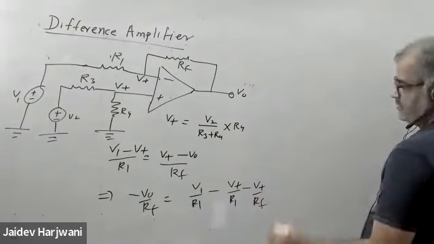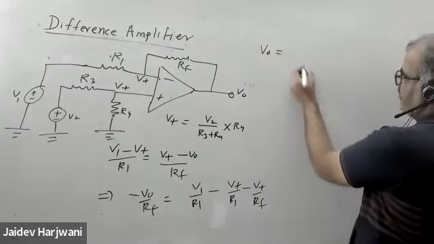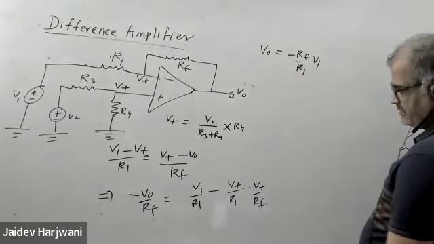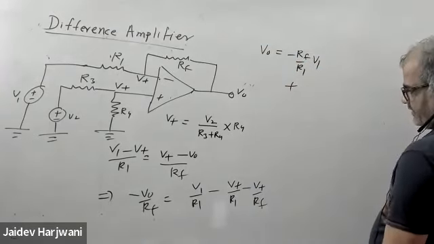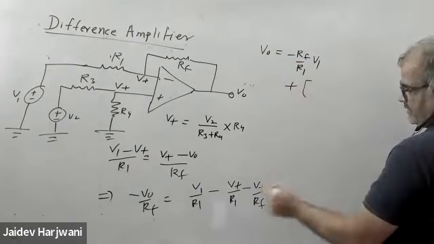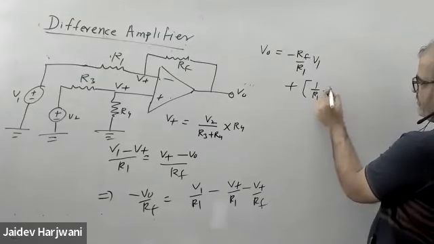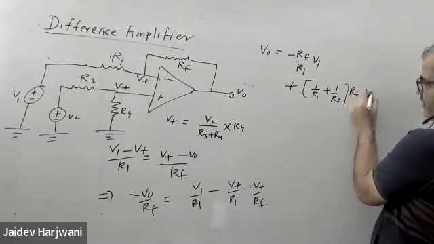So this will give you V naught equals minus RF upon R1 V1, and then plus (1 plus RF by R1) V plus.